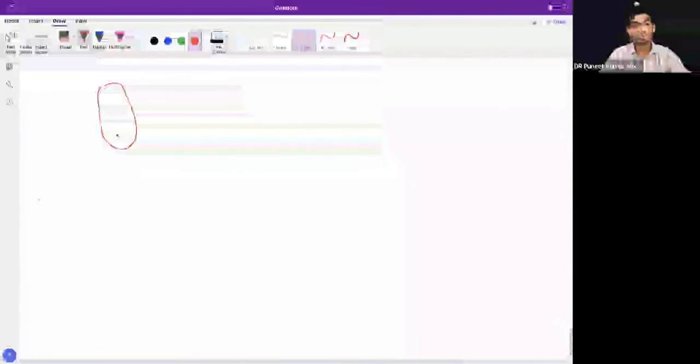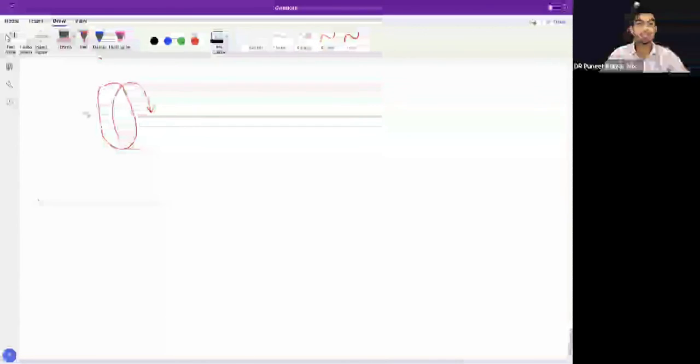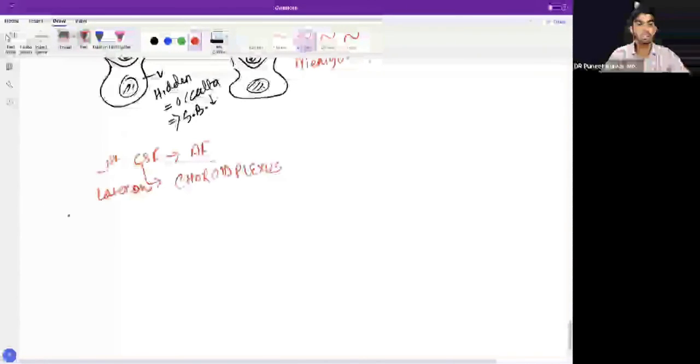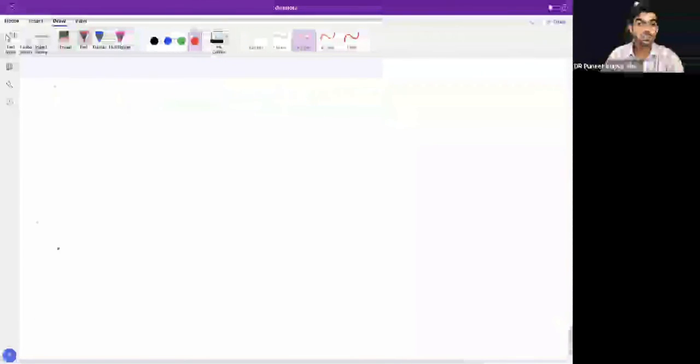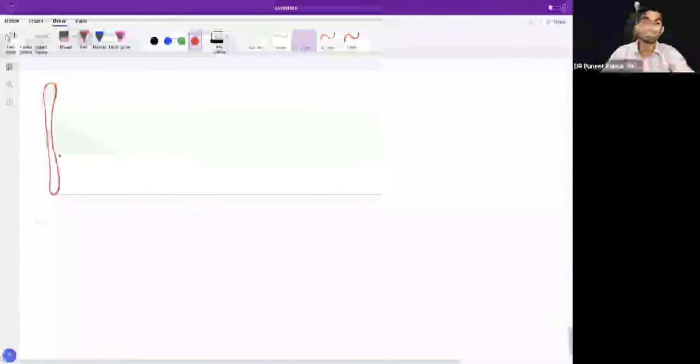Okay, it folds upon itself like a C segment. I'll tell you later. Now the neural tube is formed like this, a tubular structure. This one is your neural tube.